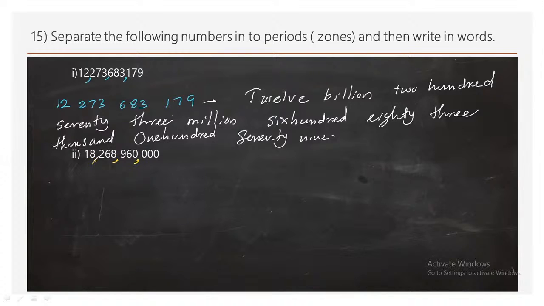So how can we write? 18 billion, 268,000.